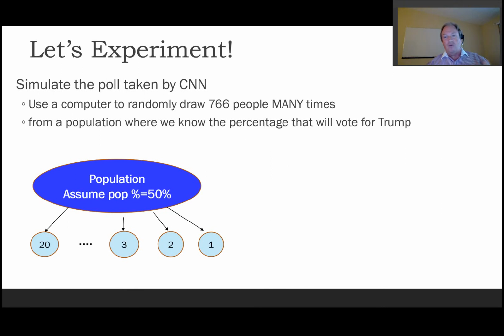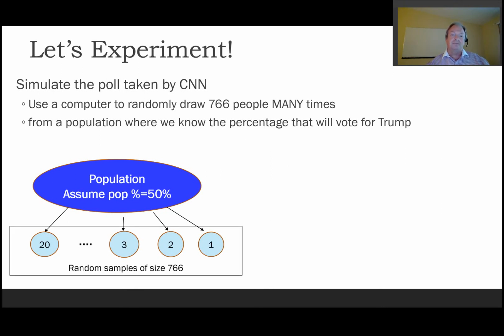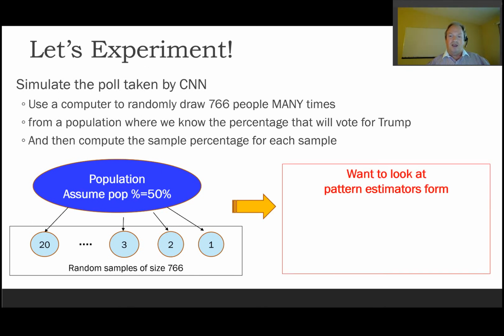And let's just suppose we get 20 samples. So these are all random samples of the same size from the same population. And then what we're going to do is compute the sample percentage for each sample. Our goal is to understand the pattern that the estimators form.